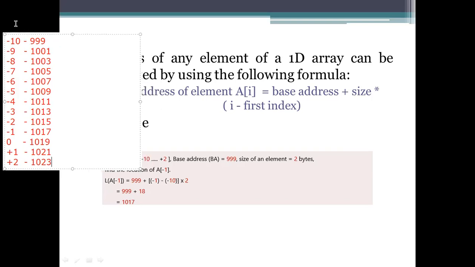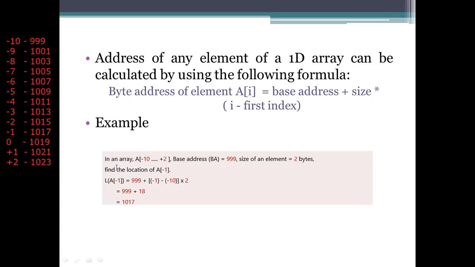This is the key, you may say the element, and this is the address we have used. Now see the location of A of -1. In the array A, we have to calculate the location of A of -1. What is the formula? What is the base address?